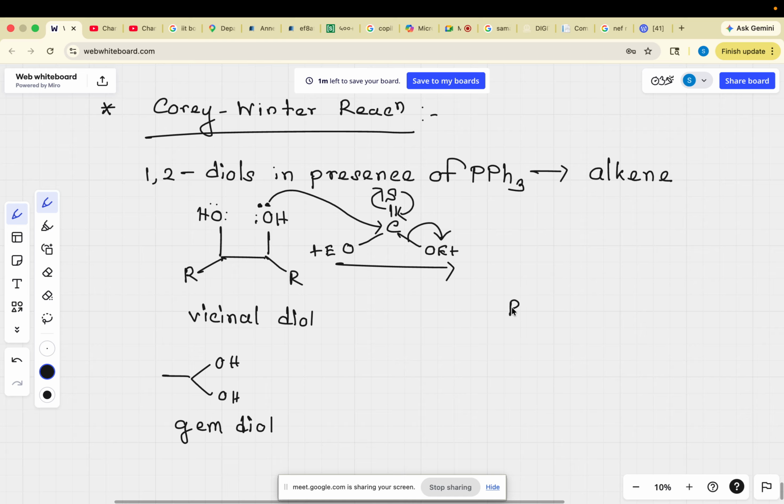So what I am getting is oxygen here, then carbon double bond sulfur with one OEt left, and here you have OH. Here also you have a lone pair. Now what will happen? Next step, tell me.